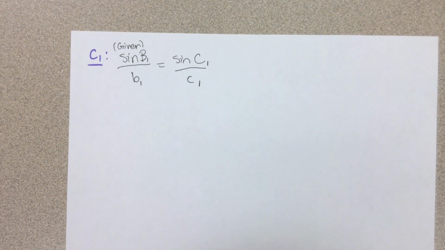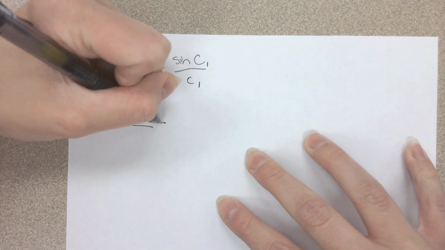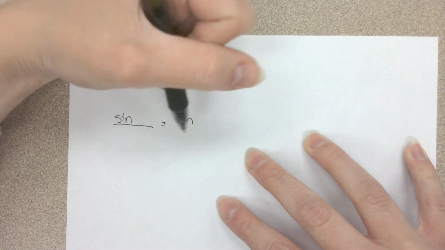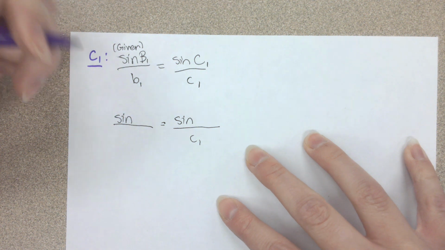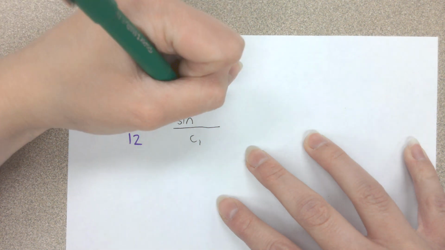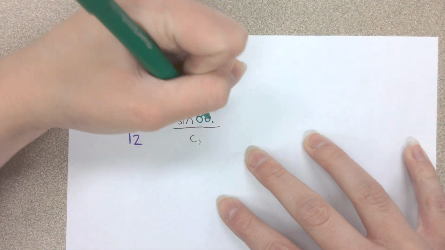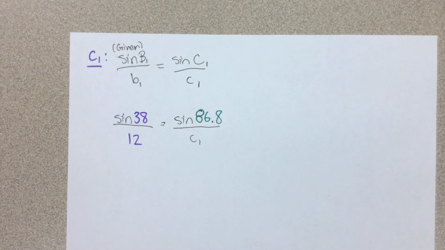So then, let's fill in. I don't know C1. Angle B is 38 degrees. Side B is 12. And then C1 is 86.8. I just found that number. Okay.